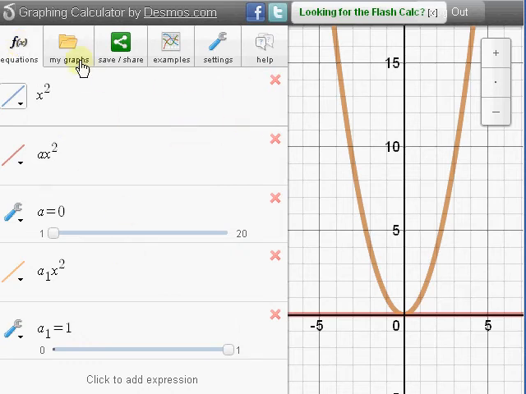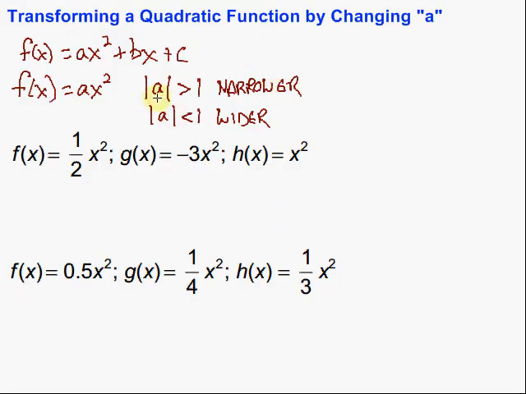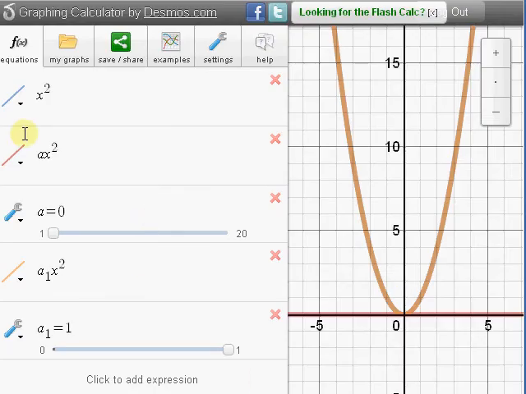So I've set up right here my parent function, x squared, and then I've set up two different functions. For the first one, the values of a are going to be 1 to 20. So this is that first situation where the absolute value of a is greater than 1. So what should happen there is my graph should get narrower.